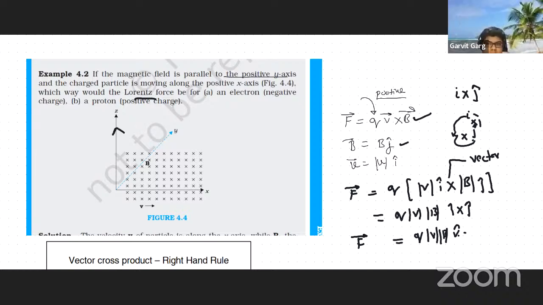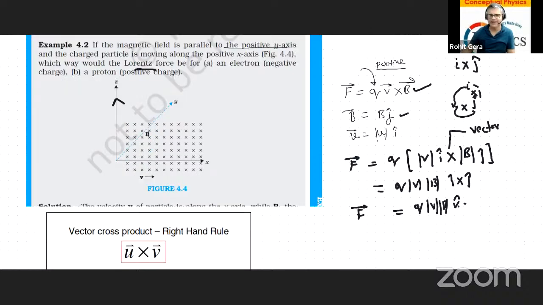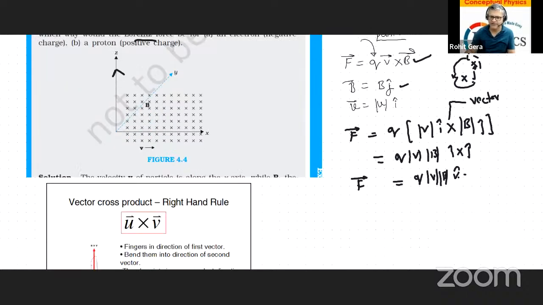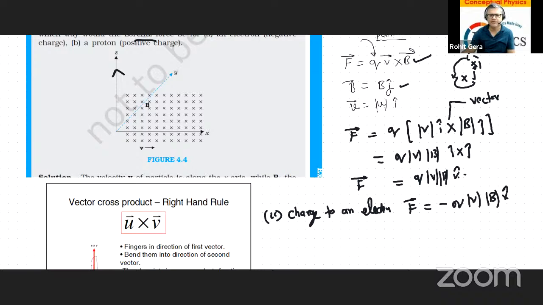If the charge is changed to an electron, second part, then the force will be minus Q, magnitude of, which means minus K, which means in the minus Z axis.